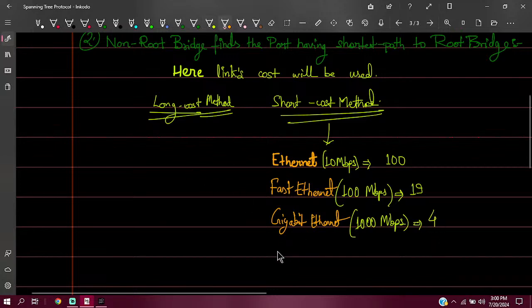And if you even increment it to much more high-speed interface, that means the 10,000 Mbps port, the 10 gig Ethernet, it has a cost variance of 2.